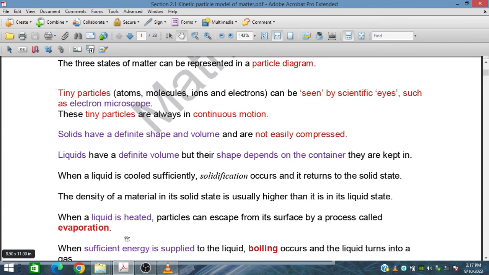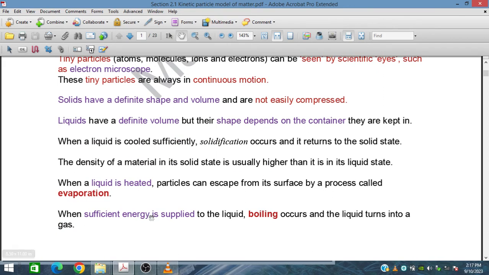When sufficient energy is supplied to the liquid, boiling occurs and the liquid turns into a gas. The difference is that evaporation occurs at every temperature, but boiling occurs at the boiling point.